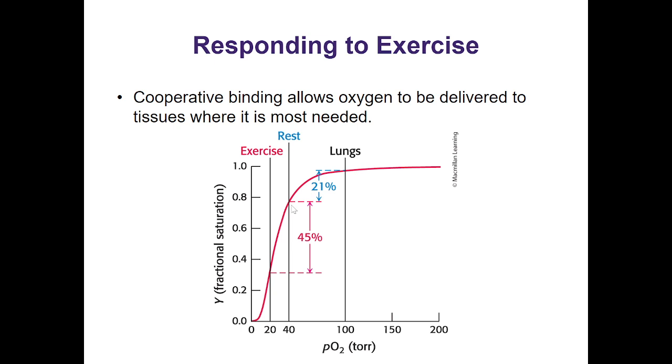So what happens is, as you deliver oxygen, the partial pressure is going to go up unless you're utilizing that oxygen, right? So in the tissues at rest, you're going to see a PO2 of about 40. Now, because this sigmoidal curve has such a rapid drop-off right in that region, you only end up releasing about 21% of your oxygen from your lungs to that tissue.